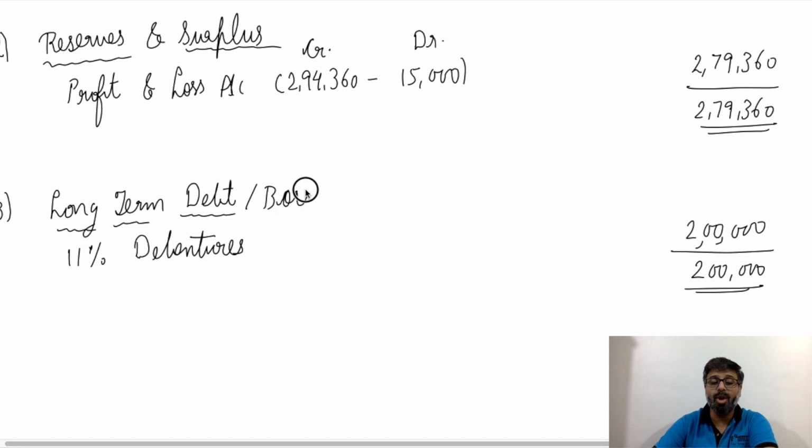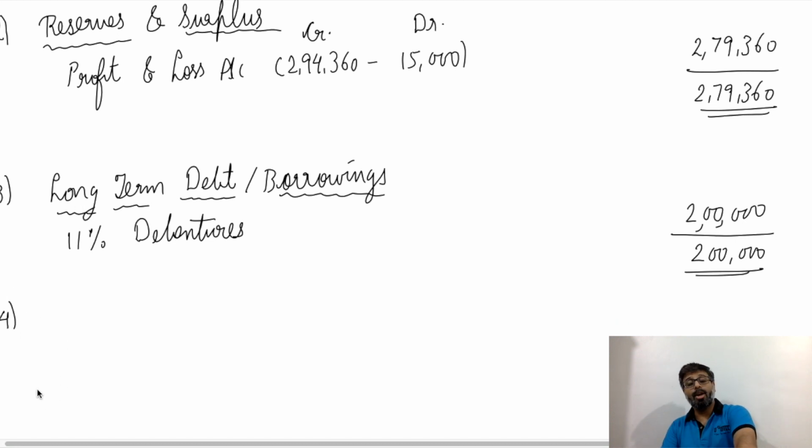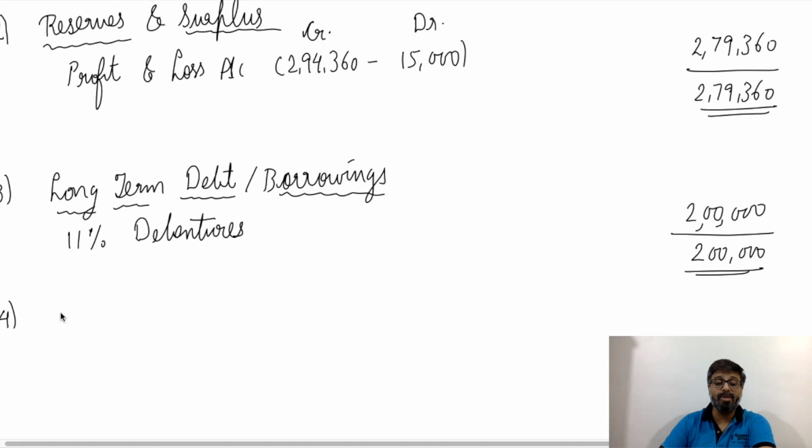So long-term borrowings will include these 11% debentures. Then we used to have current liabilities. If you remember, in current liabilities we used to have short-term borrowings. We don't have any short-term borrowings like bank overdraft here. Then after short-term borrowings we used to have trade payables. So the next note will be trade payables.